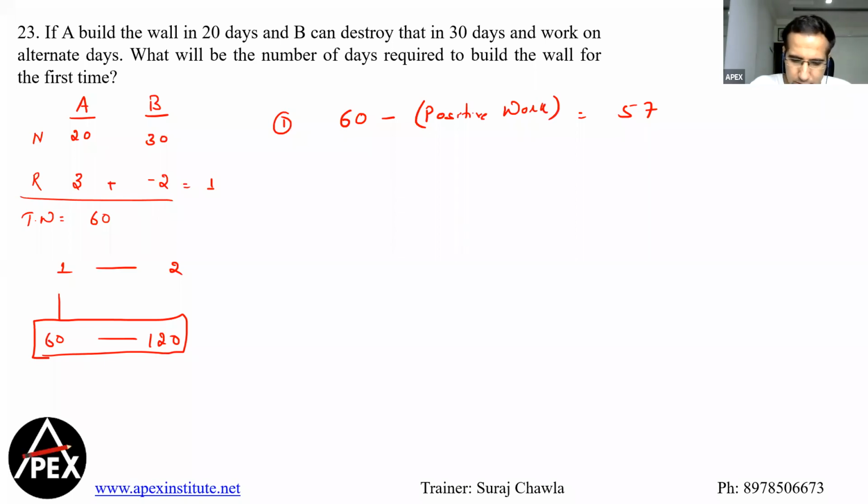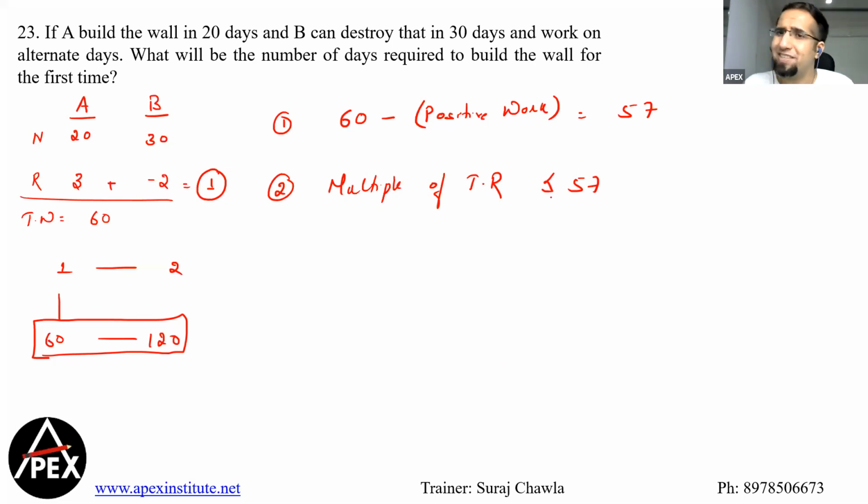Now, what we will do is, we will take LCM, we will take a multiple of total efficiency less than or equal to 57. So multiple of 1 less than or equal to 57 is 57.